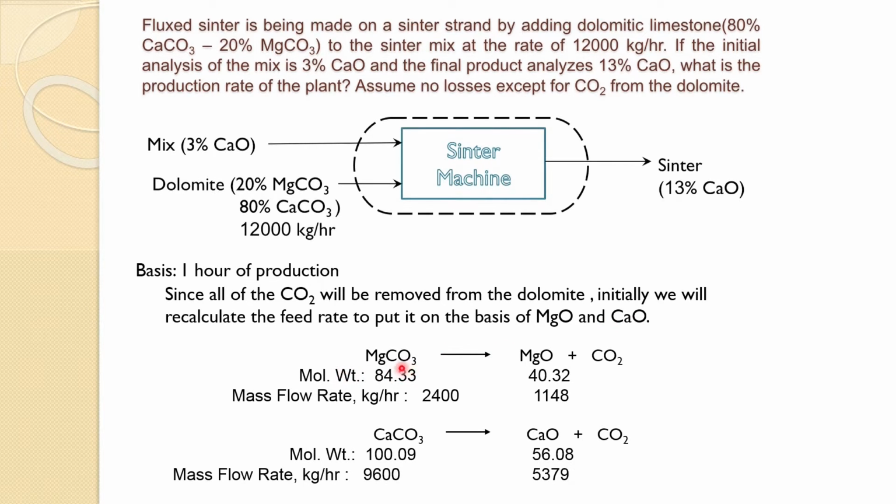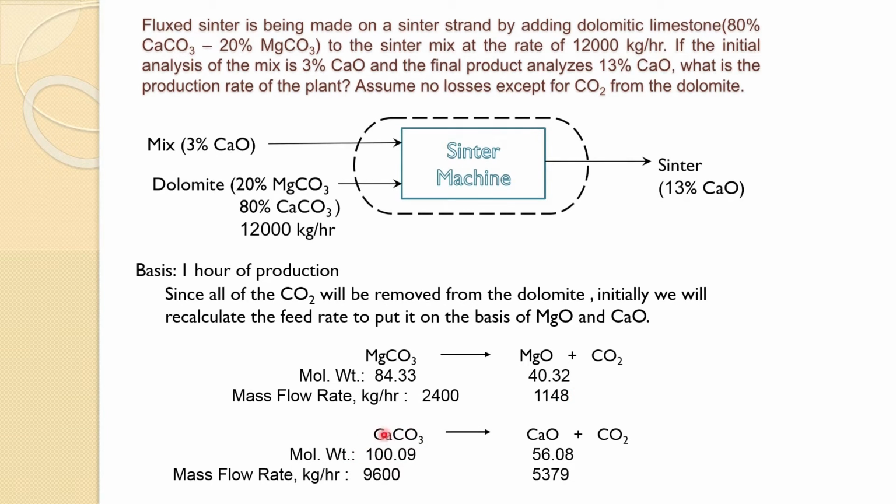So, we can write the equation of dissociation of magnesium carbonate. So, 84.33 kg in one way gives you around 40 kg magnesium oxide, and if we look at the flow rate, it is this and 20% magnesium carbonate. So, really that will give you about 2400 kg per hour input of the magnesium carbonate, and the equivalent MgO which one will expect is about 1148 kg.